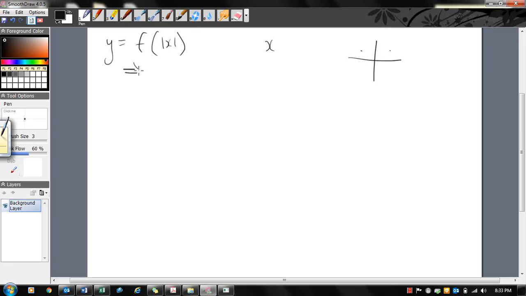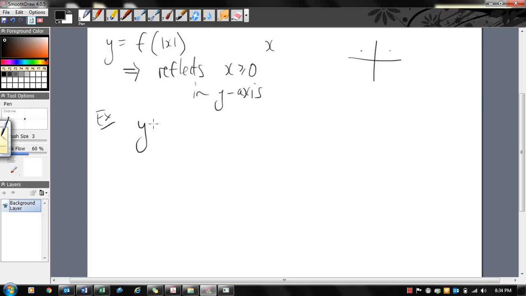Basically what happens in this situation is that it reflects the positive. So all the stuff where x is greater or equal to 0 on this side gets reflected in the y-axis. Okay, so let's look at an example and it will become apparent.